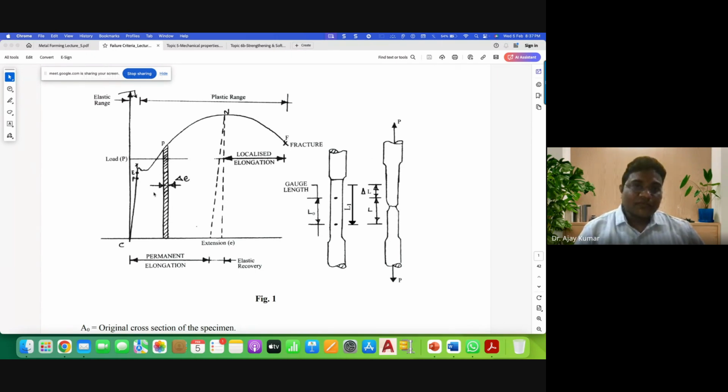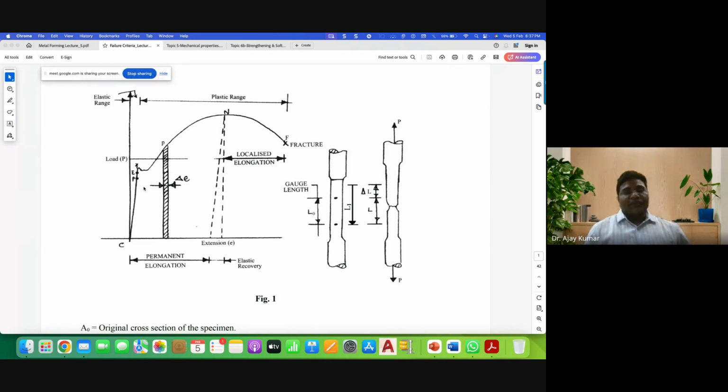Now, you have the load and then the displacement or extension on the x-axis. When you apply the load on the material, it will deform, right? And it will go to a point where, if you release the load, it will come back to its position: the elastic limit. If you go beyond that, then there will be a yield point.